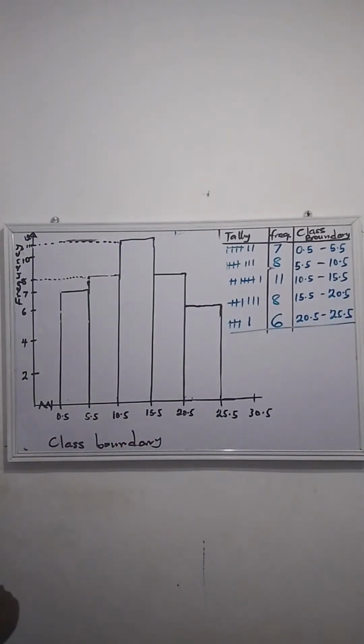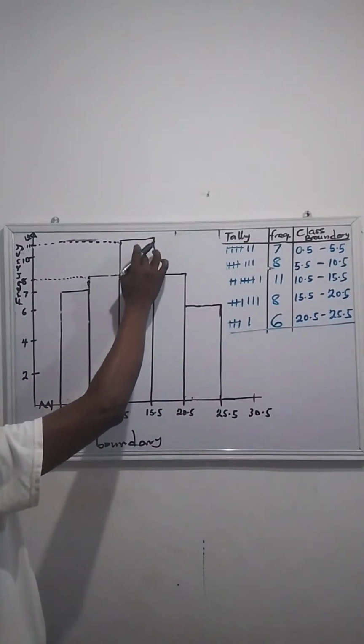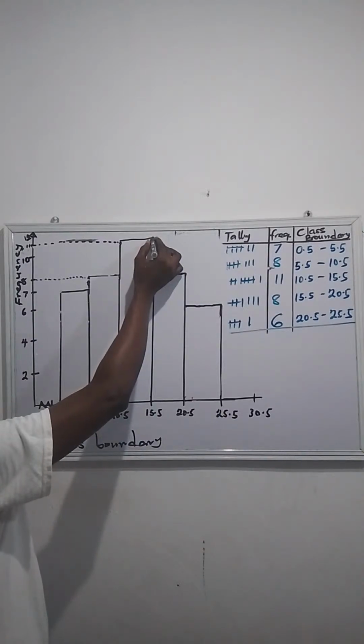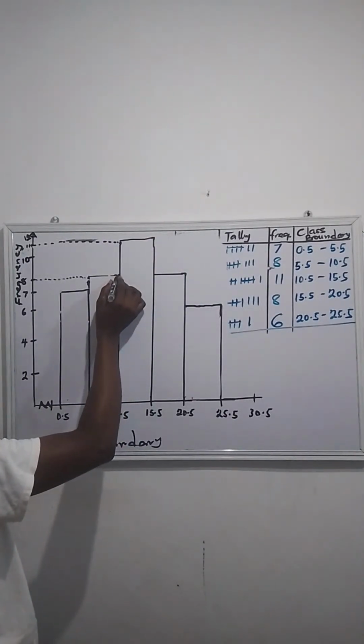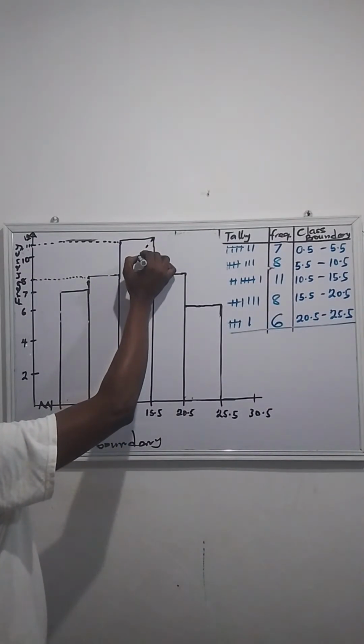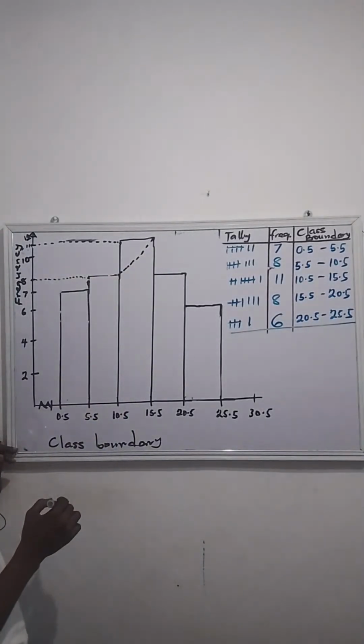So how do you get the mode? Go to the corner of the highest rectangle, this corner here. Take a broken line down to the next rectangle, using your ruler so that it is straight.